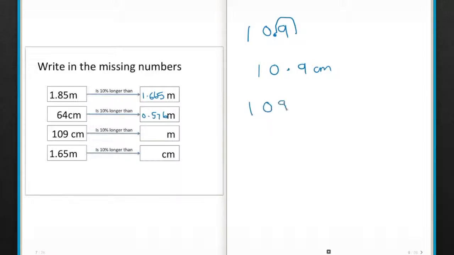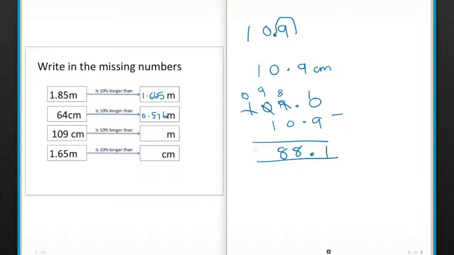So 109.0, take away 10.9. 10 take away 9 is 1, 8 take away nothing is 8, naughty neighbours. 9 take away 1 is 8, 88.1.